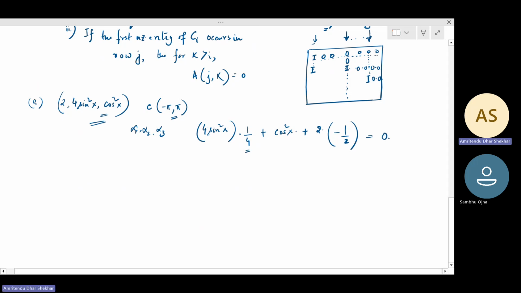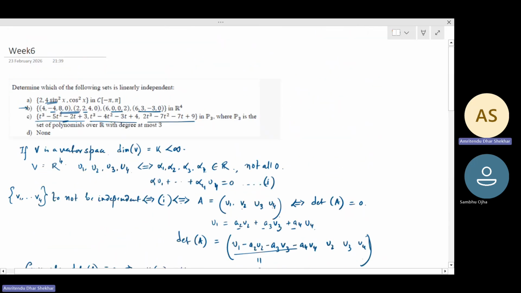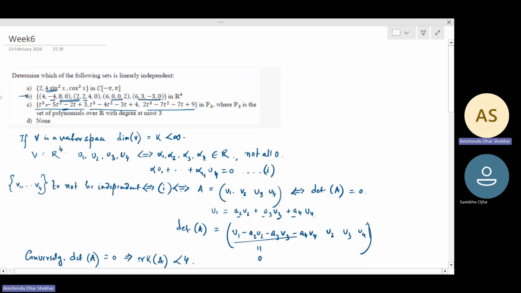So indeed, you have found constants for which the linear combination is equal to 0. So this is not independent. So for this exercise, the correct answer is B.